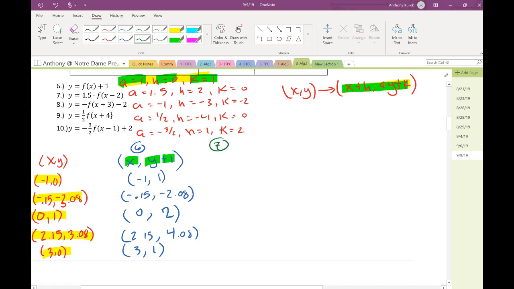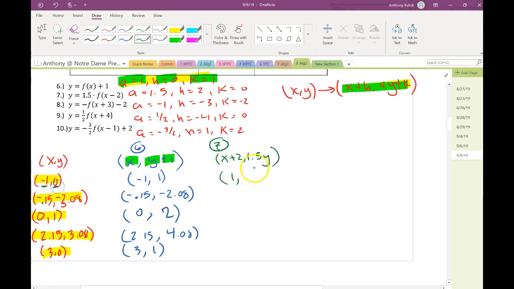So just like I did in the first one, I'm going to write my formula for my transformation. So I have x plus h. So in this case I have x plus 2. Then I have a times y, that's 1.5y, plus k, plus 0, so I need to write the plus 0. So when I plug negative 1 in for x, I get 1.